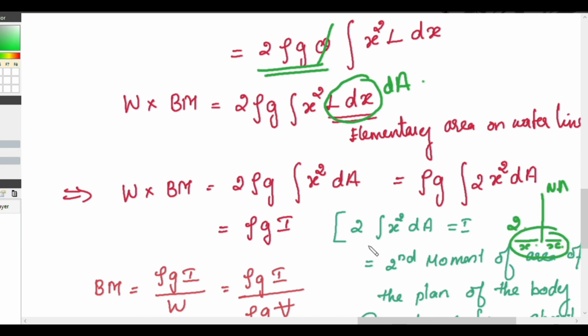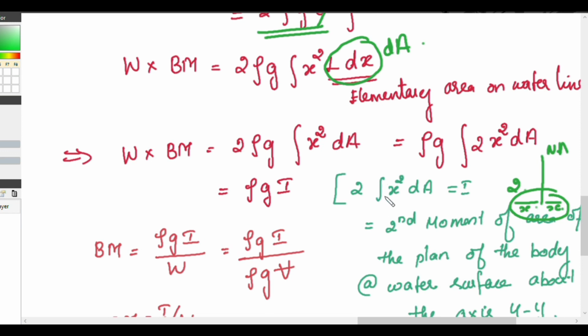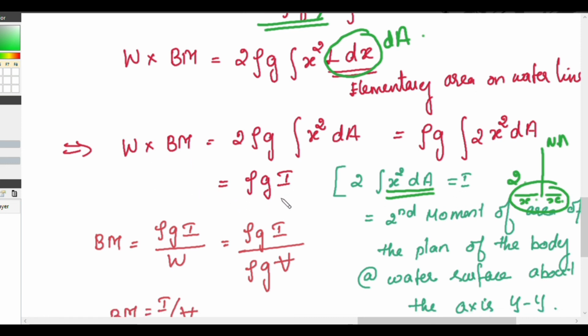Now 2 times x square into dA is nothing but the second moment of area, with 2 for the two sides of the neutral axis. So your W into BM is equal to rho g I.